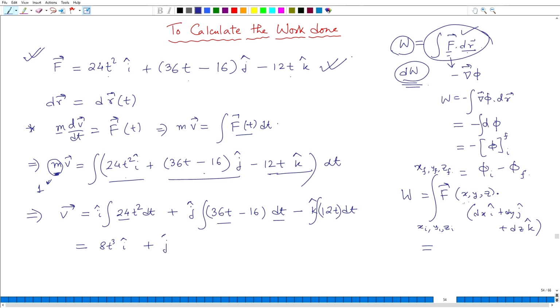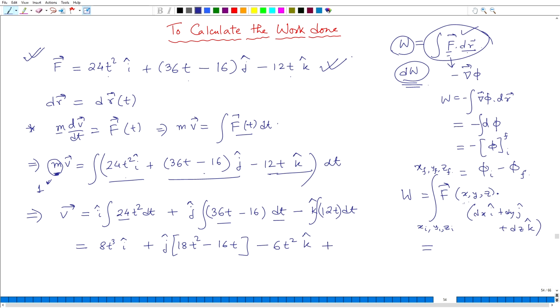So, j cap times 18 t square minus 16 t. Okay. Finally, this part I can write 12 t square by 2, which is nothing but minus 6 t square k cap. Okay. So, this is not the end.